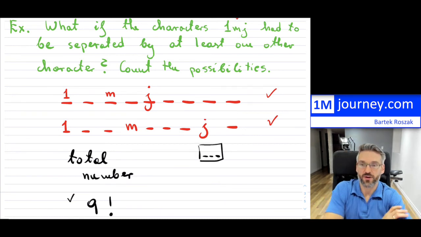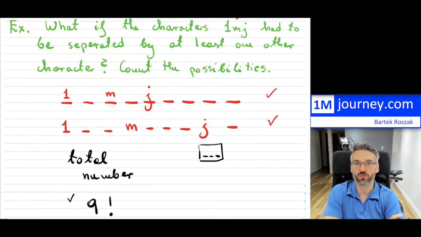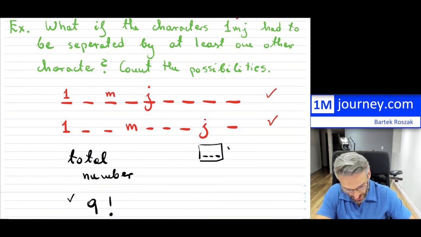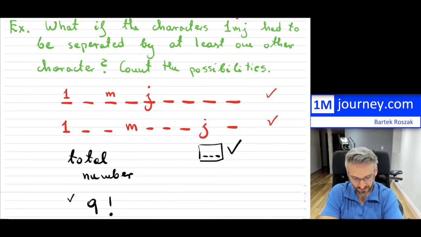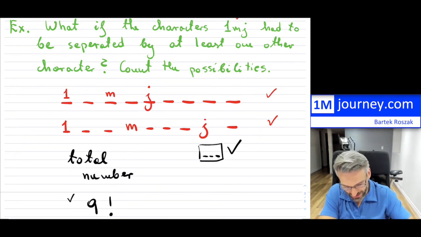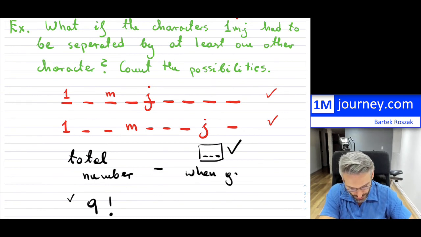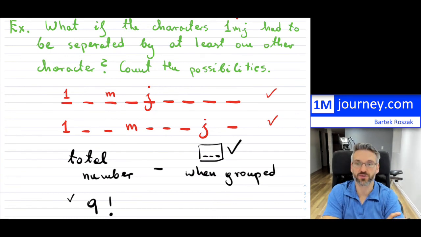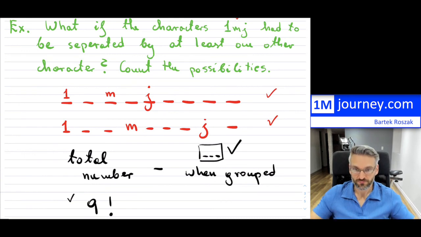So now they're not separated by at least 1 character. That certainly will happen. And if you do that, then I can subtract it. So when they are grouped together, when there are no characters in between, I can subtract.